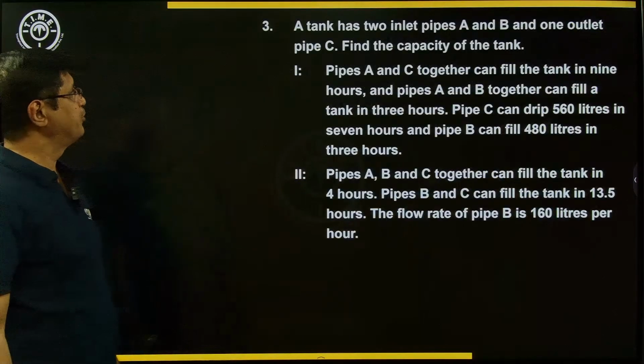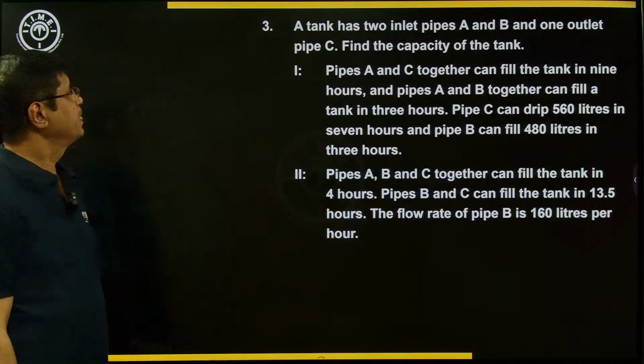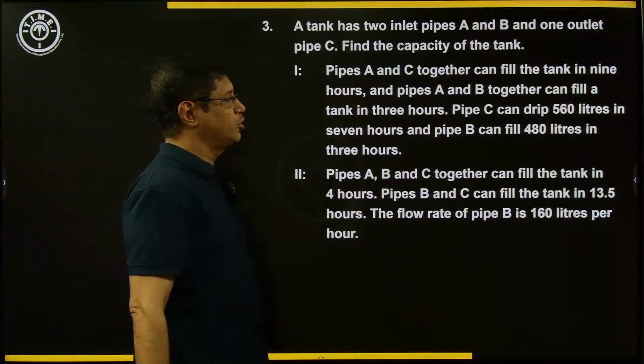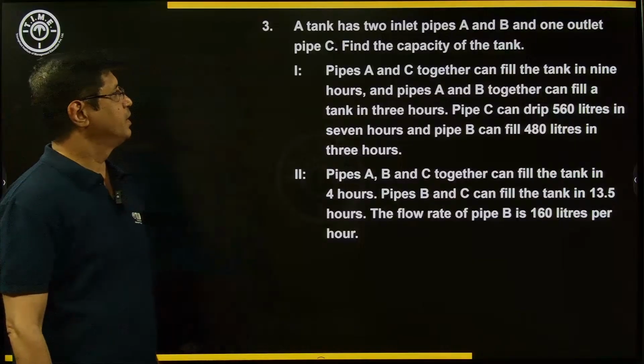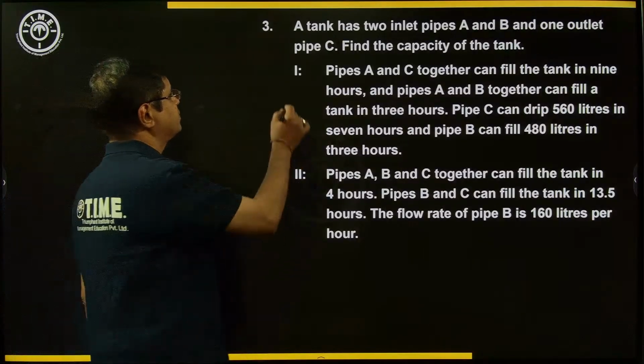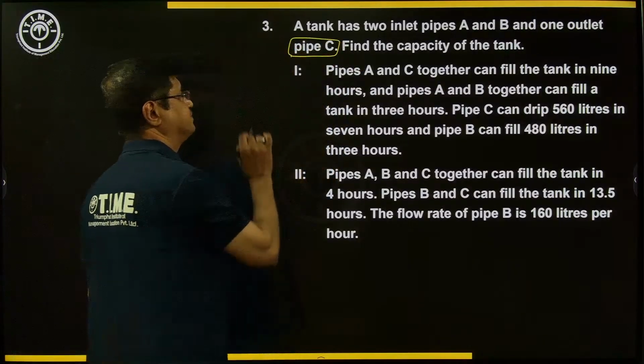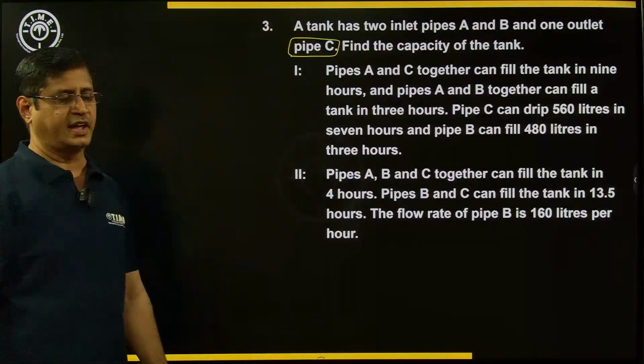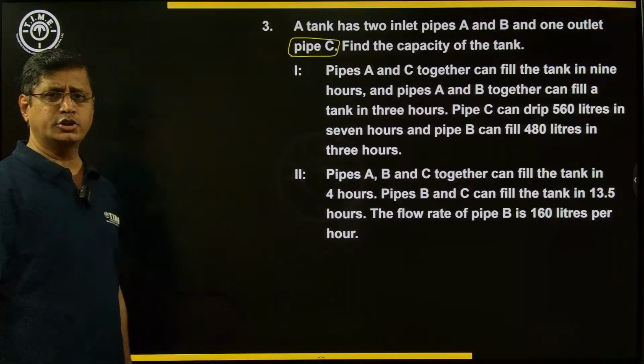Now look at the next example on your screen. A tank has 2 inlet pipes A and B and 1 outlet pipe C. C is the emptying pipe. Find the capacity of the tank. Dear students, read the information carefully.